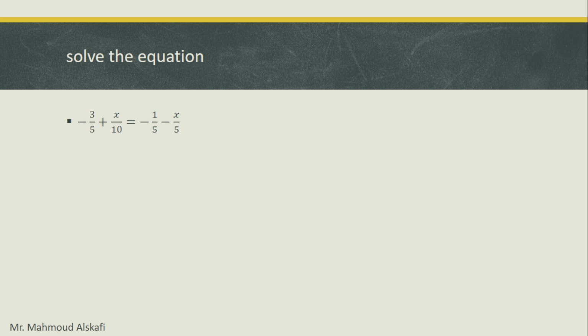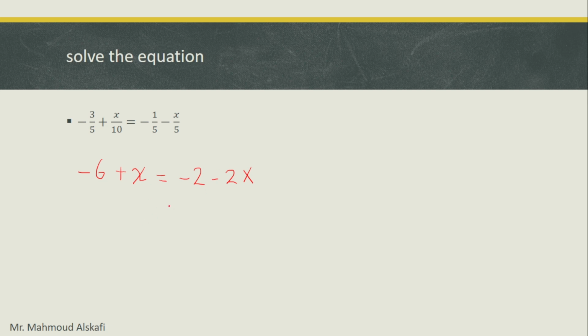Okay, maybe this is a little bit hard or difficult, but I prefer to multiply each term by 10, which is the lowest common multiple. So if I multiply these terms by 10, it will be 2 multiplied by 3, which is negative 6, plus 10 over 10 is 1, x equals minus 2x.